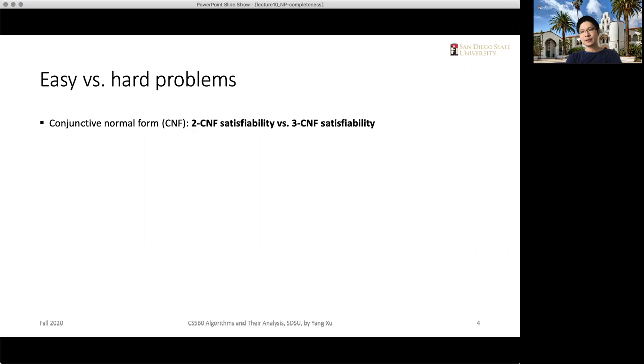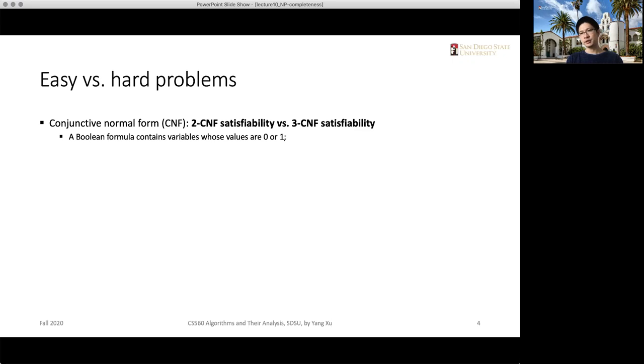So it's a type of problem called conjunctive normal form, or CNF for short. So we'll look at a 2 CNF versus 3 CNF satisfiability problem. Okay, so this CNF problem deals with a Boolean formula.